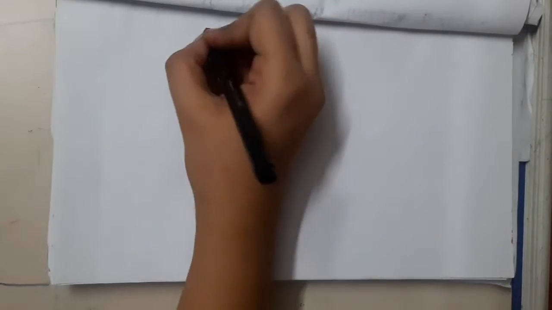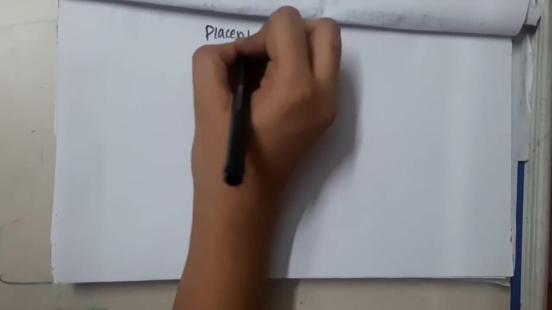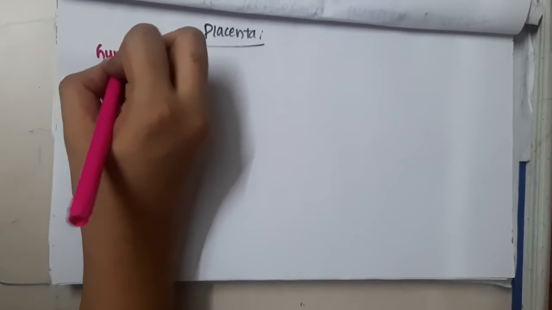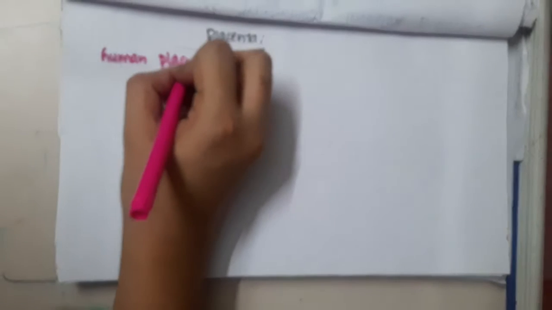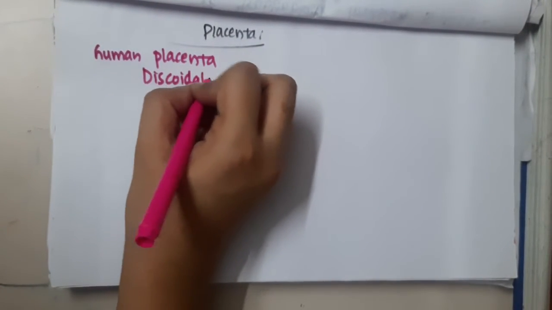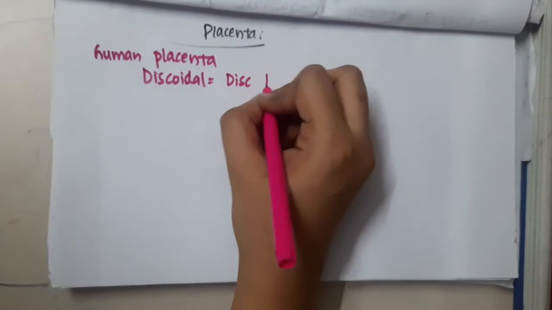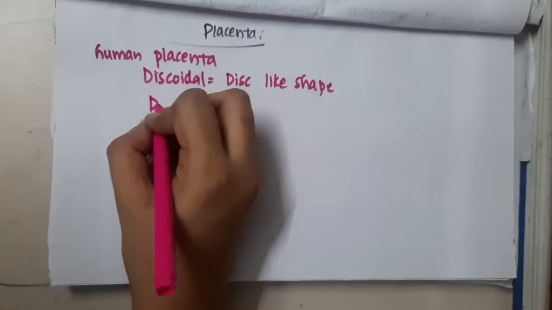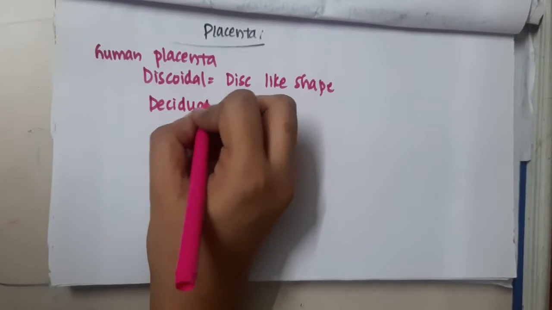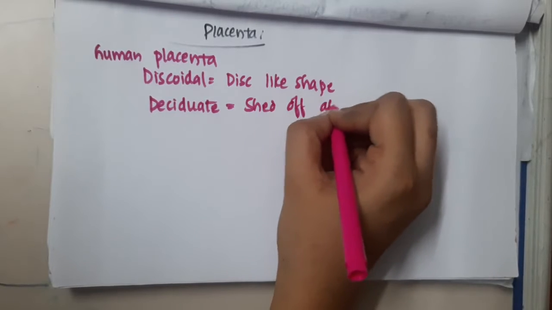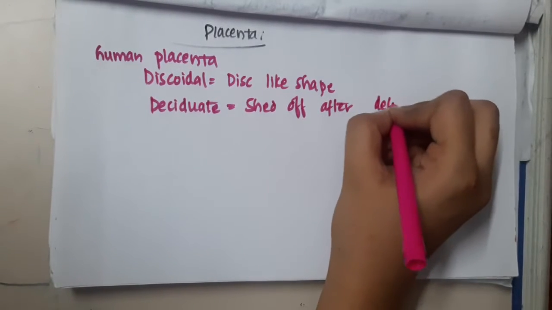Hello friends, let us now learn some important points about the placenta. Human placenta is discoidal, that is, disc-like in shape. It is deciduate, that is, shed off after delivery.